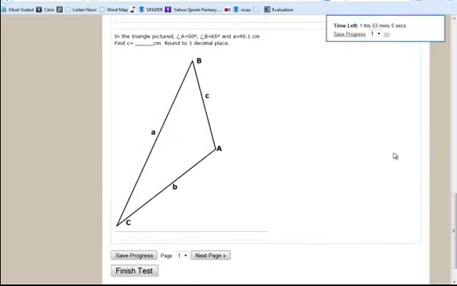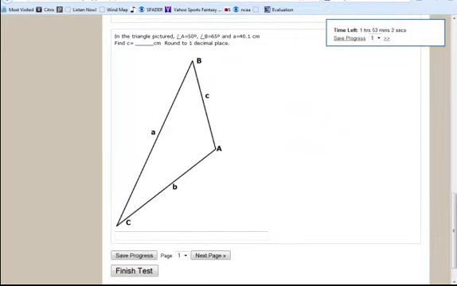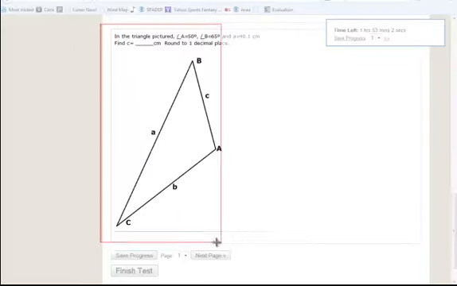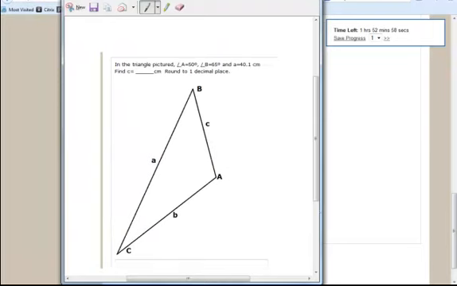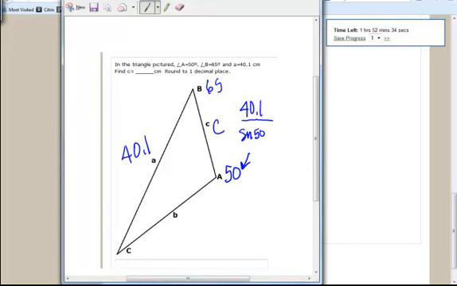This triangle is not a right triangle. Okay, angle A is 50 degrees, angle B is 65 degrees, A is 40.1. Find this side C. Well, sine of 50 is opposite 40.1.